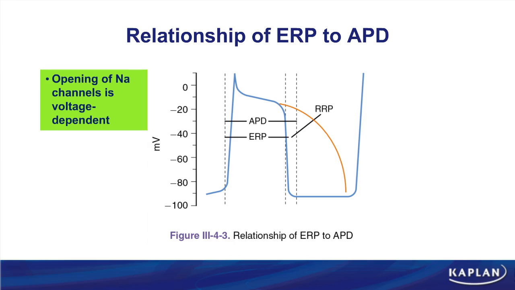The signal that resets your sodium channel and returns them back to rest is when the membrane potential gets negative enough. Notice with the potassium channel blocker, it takes longer to reach that negative membrane potential that stimulates those sodium channels to return back to the resting state. So potassium channel blockers not only prolong repolarization, they prolong the APD and the effective refractory period.